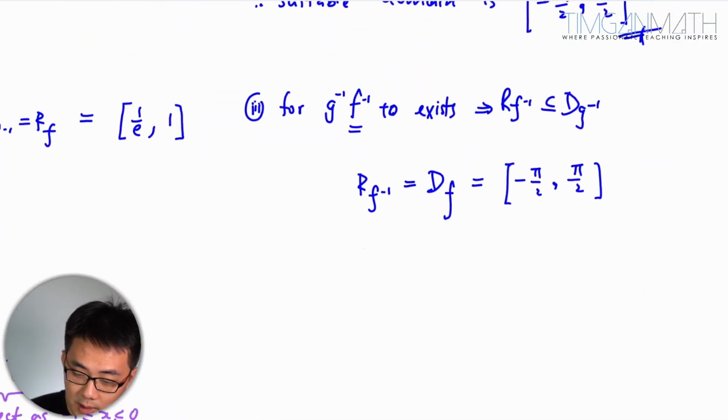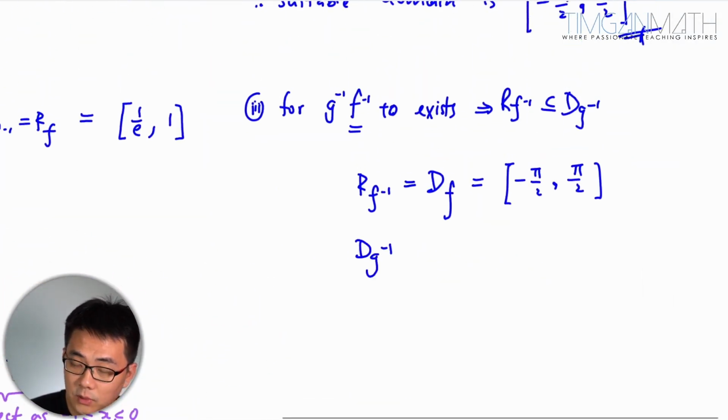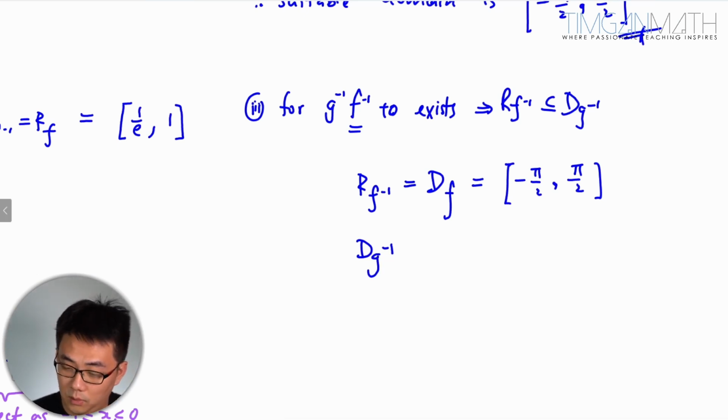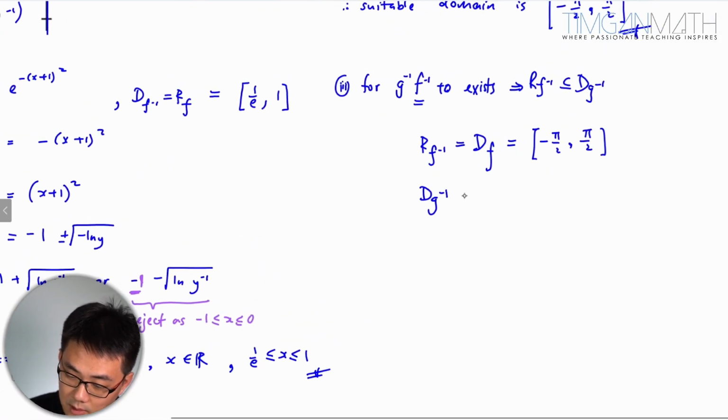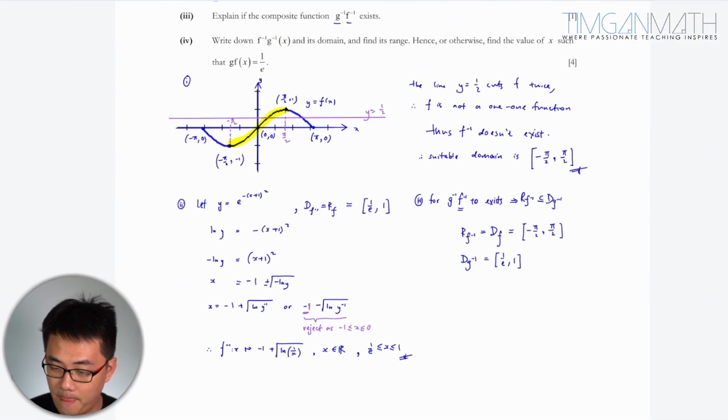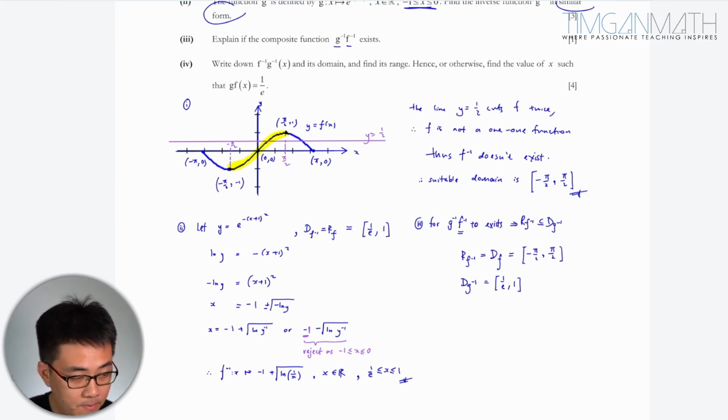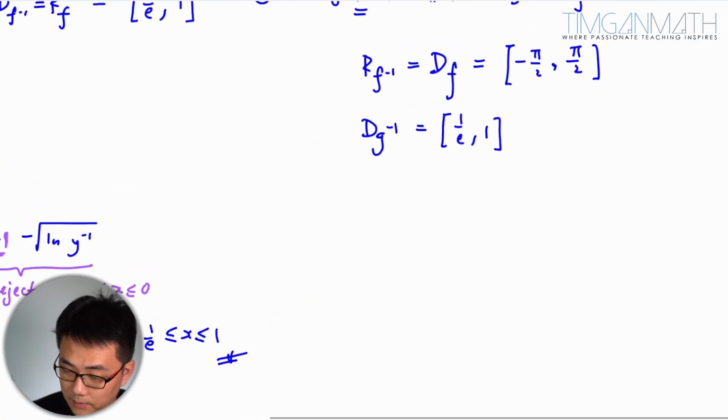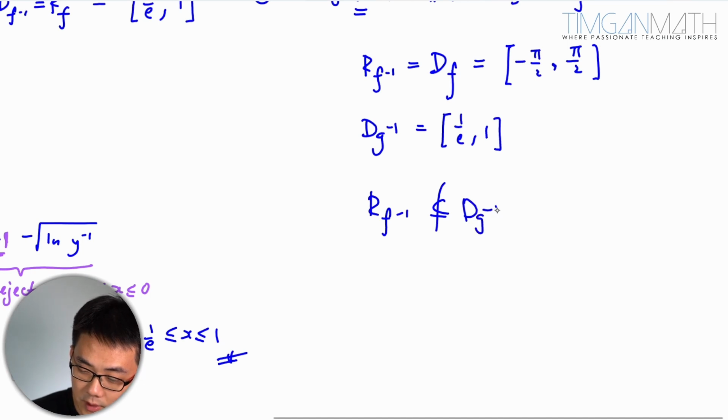After which we're going to look at the domain of g inverse, which is actually what we found just now. It's 1 over e to 1. So the range of f inverse cannot be contained in the domain of g inverse.